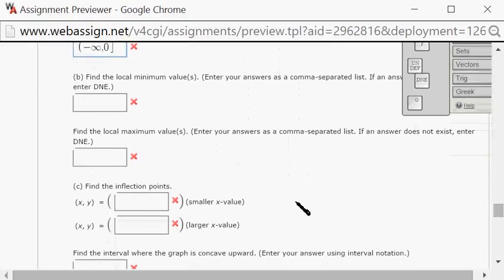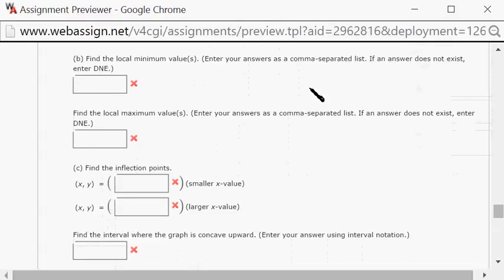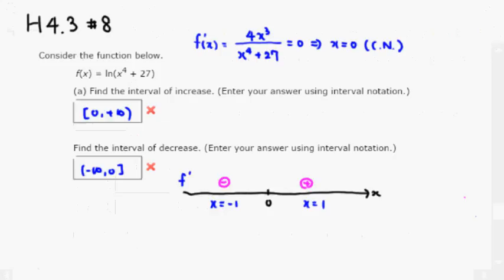So that's part A. Part B said to find the local minimum values and local maximum values. So let's do that. Since we have only one critical number, we can do a first derivative test. At this point right here, this guy is decreasing.